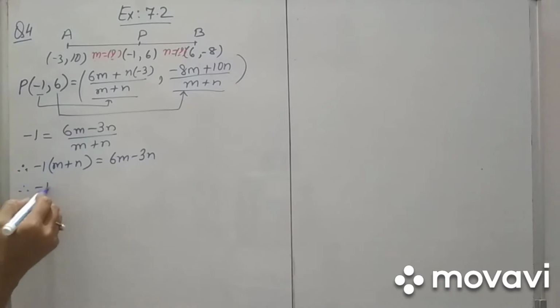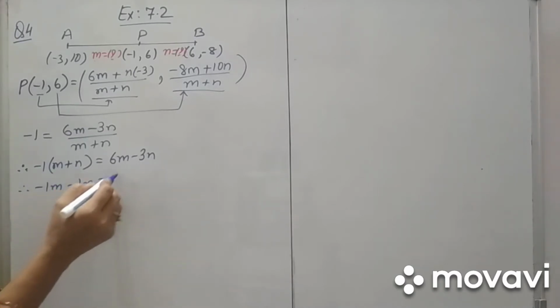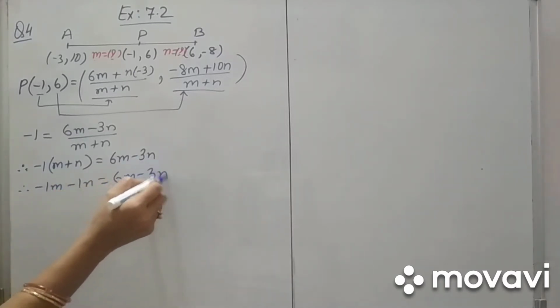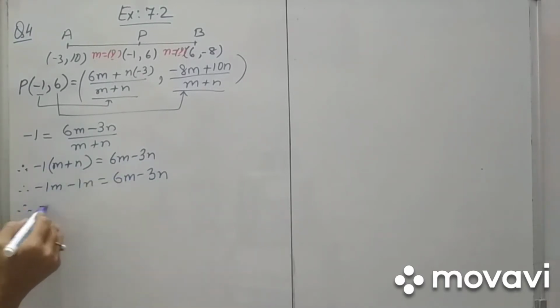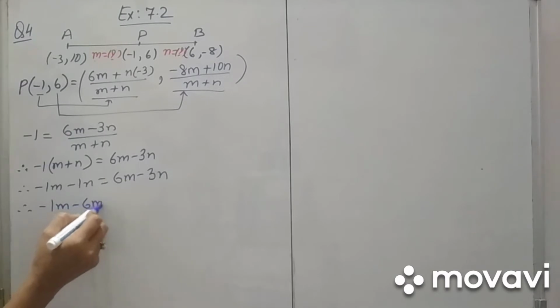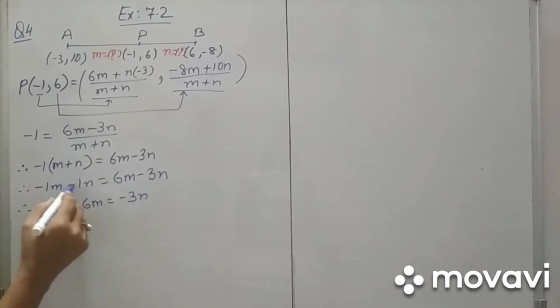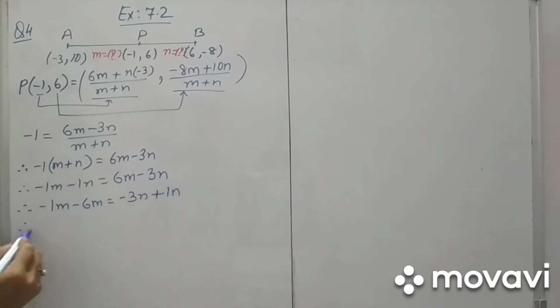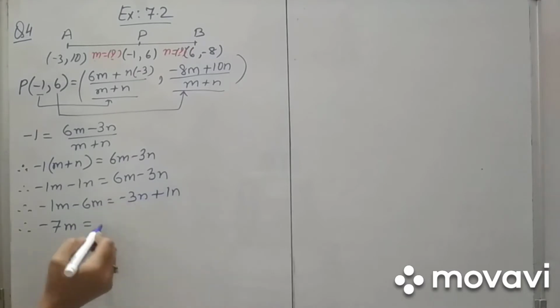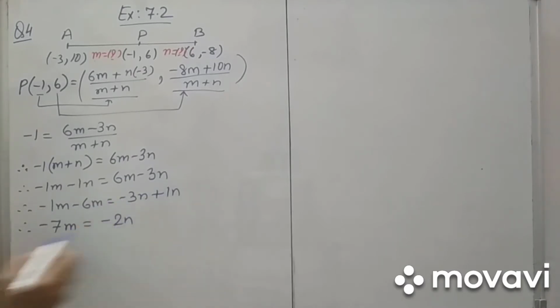Now open the bracket. Minus 1 m plus n is equal to 6m minus 3n. Therefore, take the m on the left side. Minus 6m minus m is equal to minus 3n plus n. Take this n on the right side, so it will become plus n. Minus 7m is equal to minus 2n.